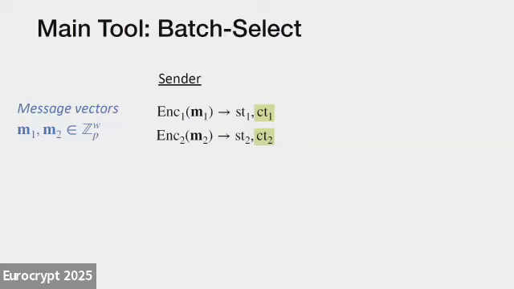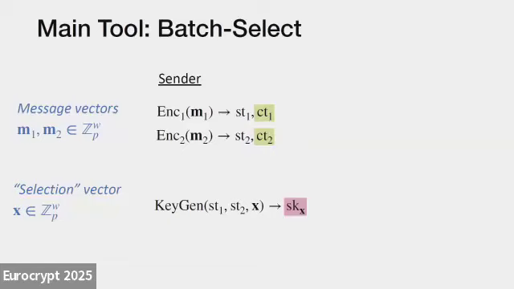Now let me tell you a bit about how we achieve all of that. Our main tool is what we call batch select, which you can see as some form of functional encryption scheme. Suppose there's a sender who has two message vectors, M1 and M2, over the integers modulo P, and these vectors have dimension W. Now, the sender can encrypt both of these messages in order to obtain the two ciphertexts, and once the sender also has a selection vector X from the same space, they can compute a secret key SK_X.